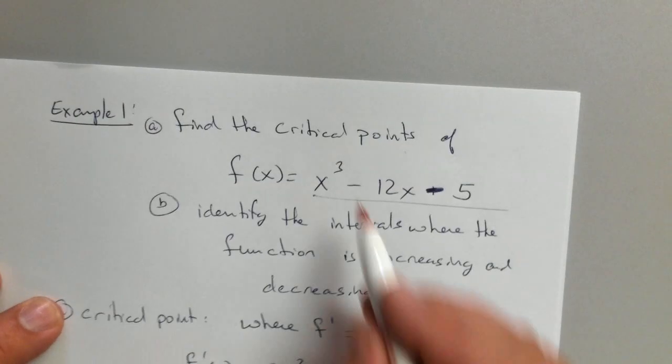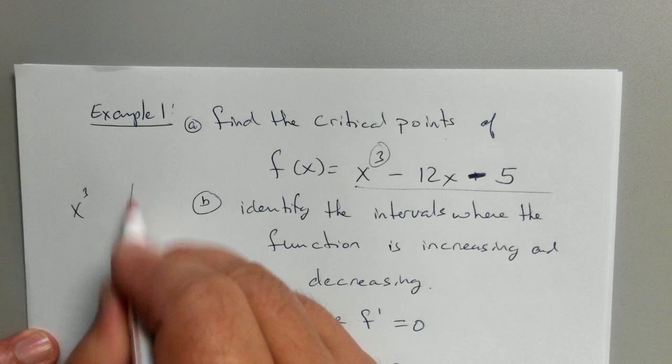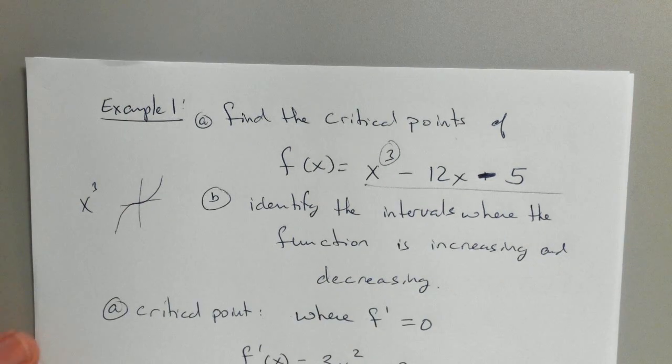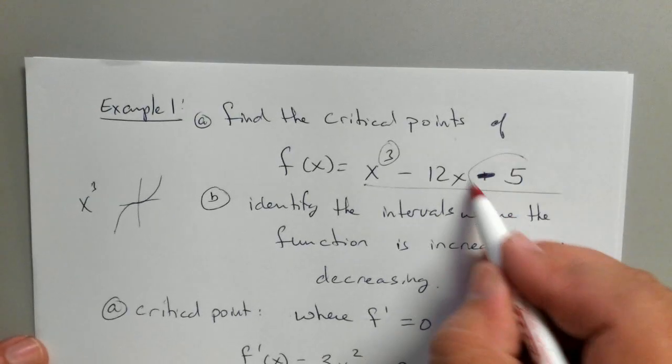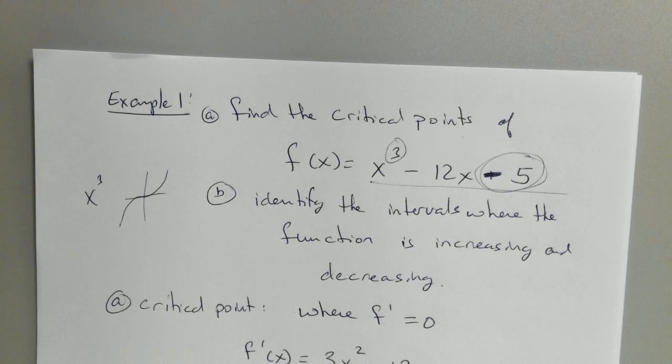Well, we kind of knew that from our original function. It's a cubic function. The graph of x cubed is that. We know that our y-intercept is at negative 5. Do we know where the vertices are? The locations of them?